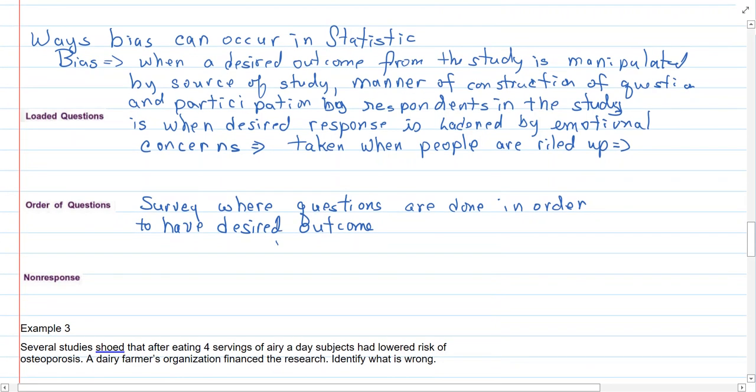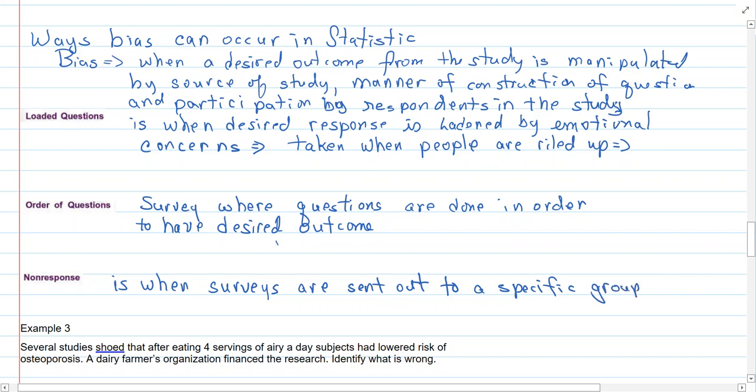A non-response is when surveys are sent out to a specific group and some do not return for personal reasons or lack of time or whatever.